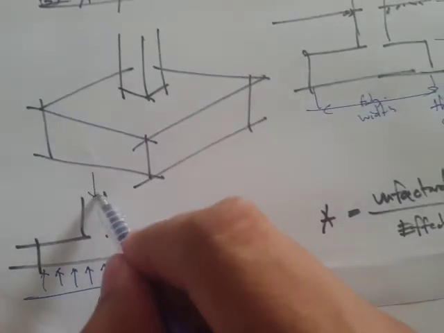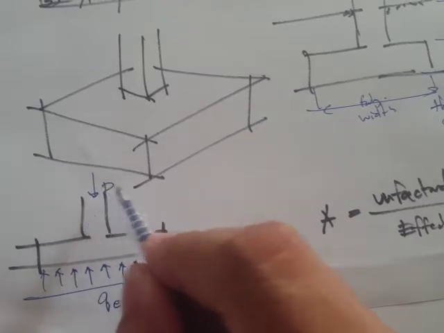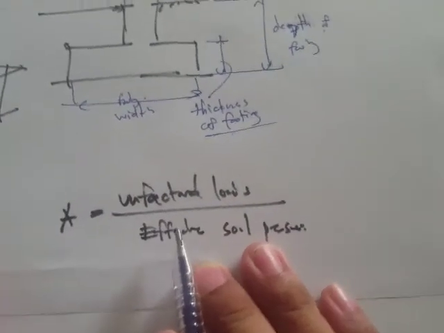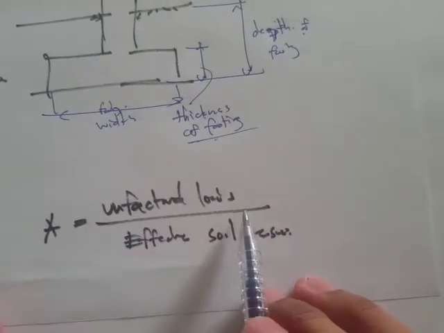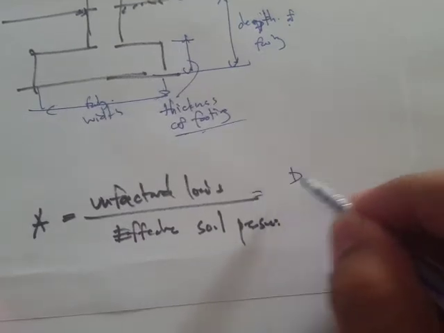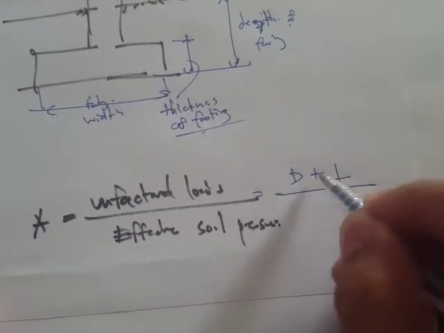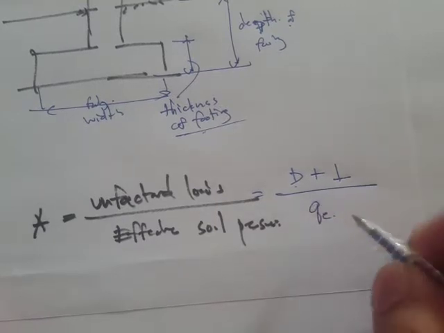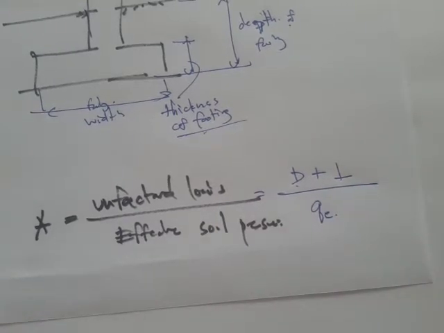And of course, since this is a column, we have dead load and also live load. So if the equation requires unfactored loads, we can write it this way: D plus L divided by the effective soil pressure.